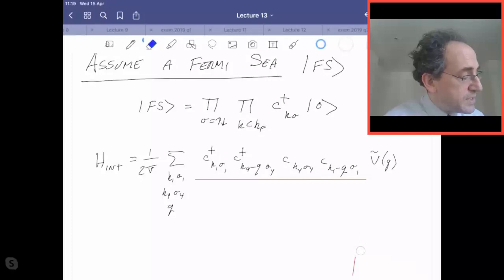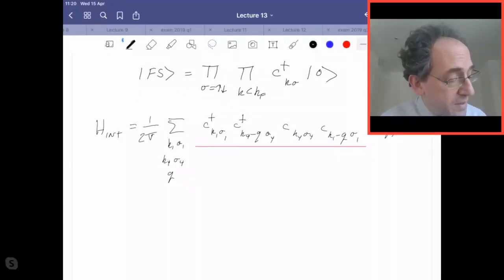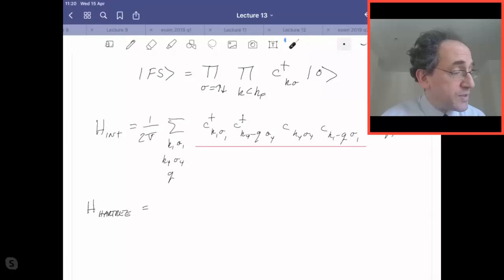Now, if I want to take the Hartree term of this Hamiltonian, H Hartree, I want to take an average of two of these terms, say the first and the last here. And so that will give me 1 over the volume of the system.